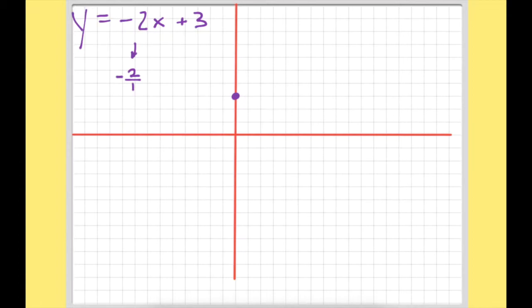So if I go with a rise of 2 spaces and a run of 1 space going downhill, I've got my next point here at (1, 1). Or I could go backwards. As I go backwards, I could go uphill, up 2 spaces, back 1. Now I have my line going through those points. And that's all it takes to graph in slope-intercept form.